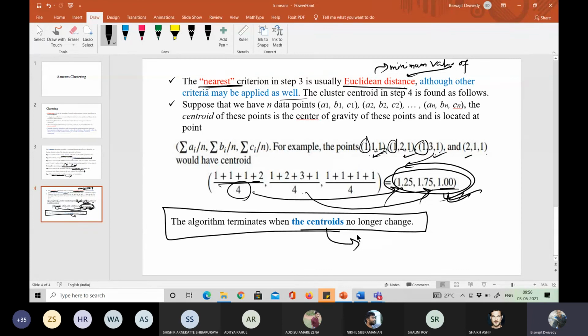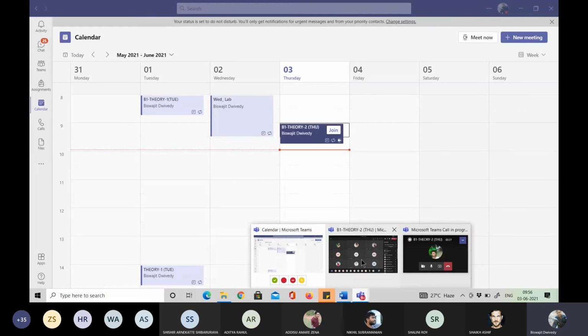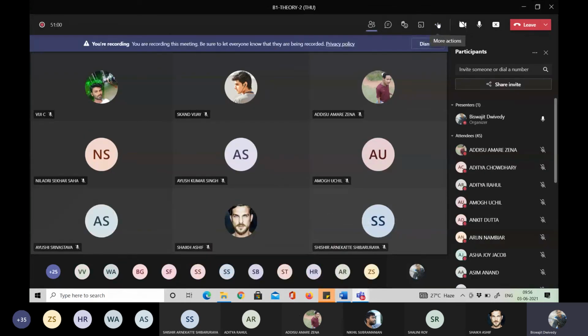If the cluster centers are not going to change significantly, at that time you can imagine that your algorithm is going to converge in the next 1 or 2 steps. So this is all about your clustering, or the K-means clustering algorithm.